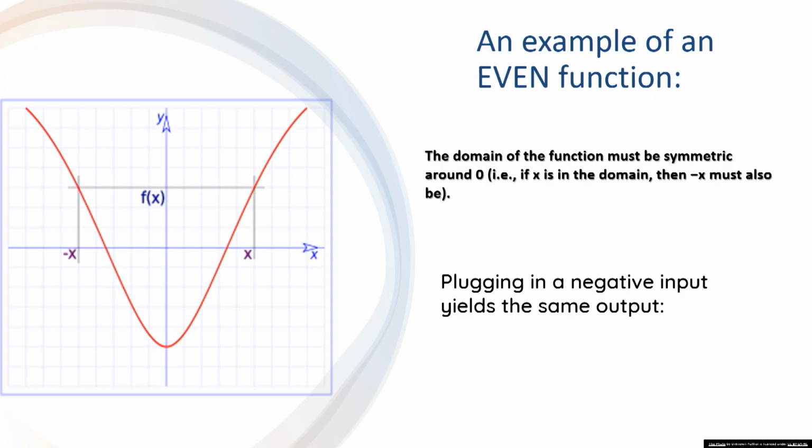So here we go. An example of an even function. Now let's look at this. The domain of the function must be symmetric around 0 or the origin. If x is in the domain, then negative x must also be. So let's say that's 1, 2, 3.5, so a positive 3.5. I also have negative 1, negative 2, negative 3, negative 3.5.